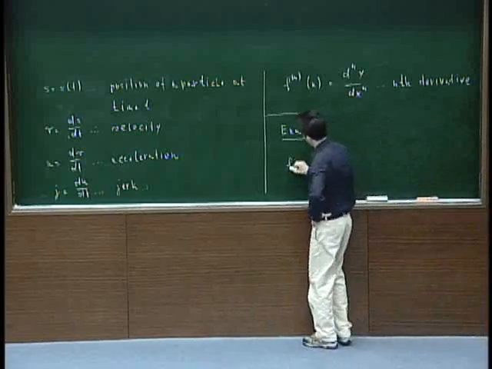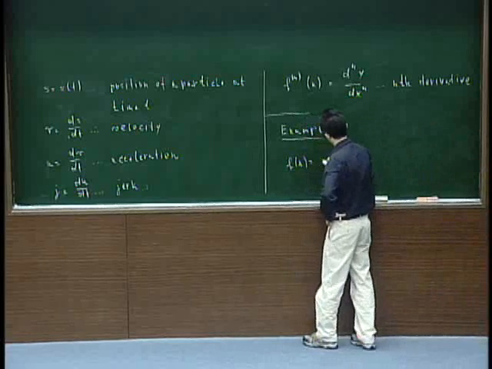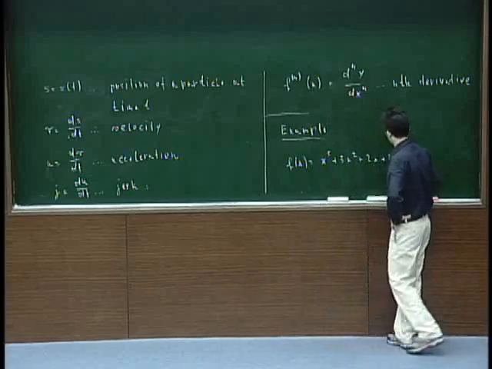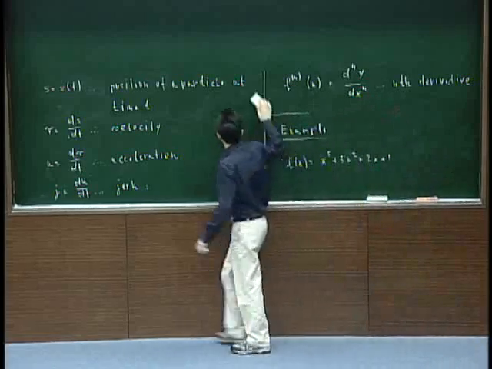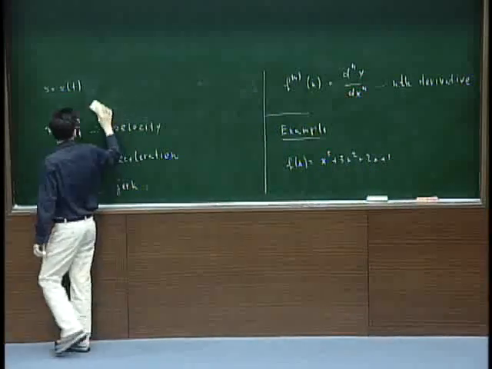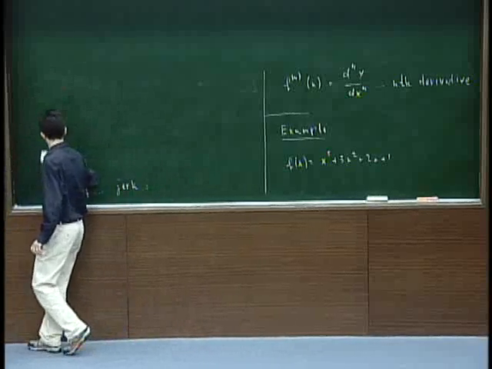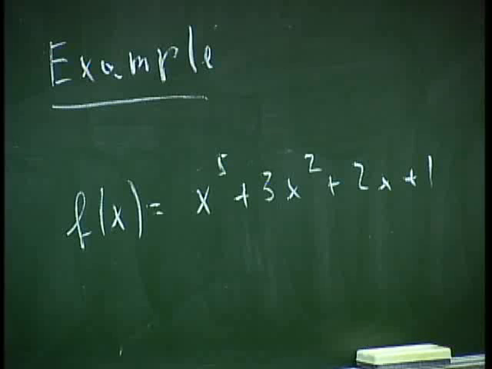Now, maybe let's look at an easy example, x to the 5 plus 3x squared plus 2x plus 1. For such a function, you can easily compute the derivatives. The first derivative is 5x to the 4 plus 6x plus 2.